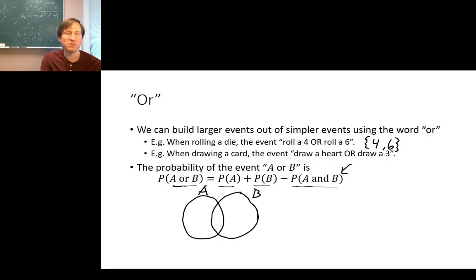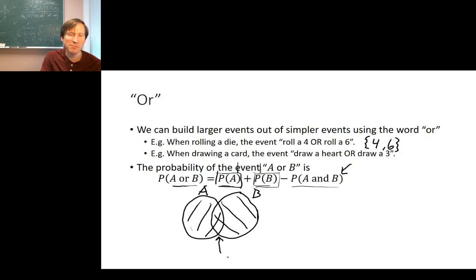To figure out the probability of A or B, we need to know how many things are in both A and B put together. Well, that's the number of things in A, which is related to this first probability, plus the number of things in B, which is the second piece. But if you count up the number of things in A and then also count up the number of things in B, we've double counted everything that is in this overlap.